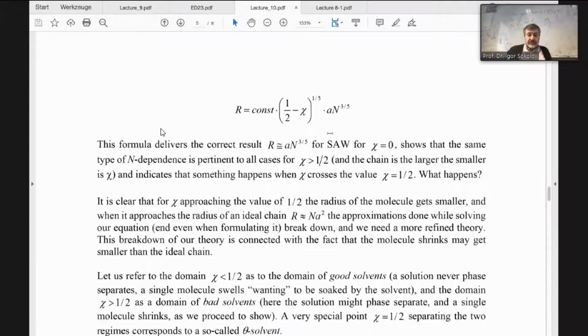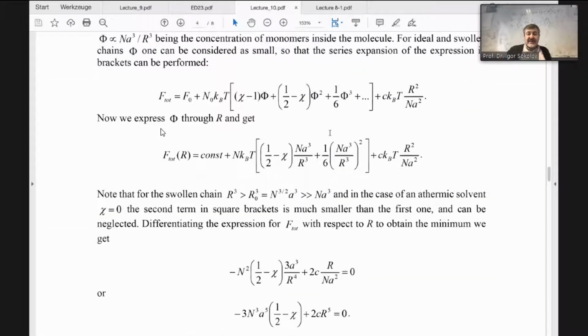Now, let us do the following approximation. Here we used the approximation for the entropy, or excess entropy, in a chain which is pulled at the ends. But we also know from the consideration of the behavior of a chain in a pore that the entropy of the chain will grow if you squeeze it.